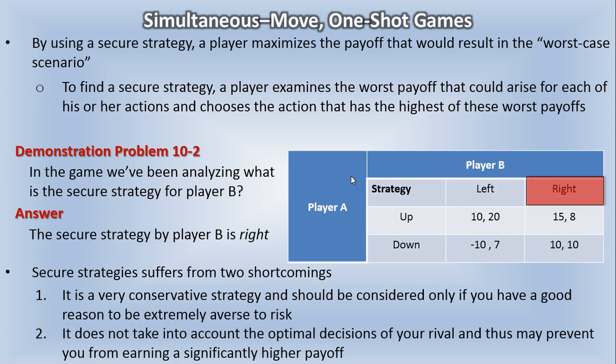Also, another shortcoming of a secure strategy is that it does not take into account the optimal decisions of your rival and thus may prevent you from earning a significantly higher payoff. If you are not considering what your rival is going to do optimally, then you could wind up missing an opportunity to choose something better than what you would get if you chose your secure strategy, which is to play right.